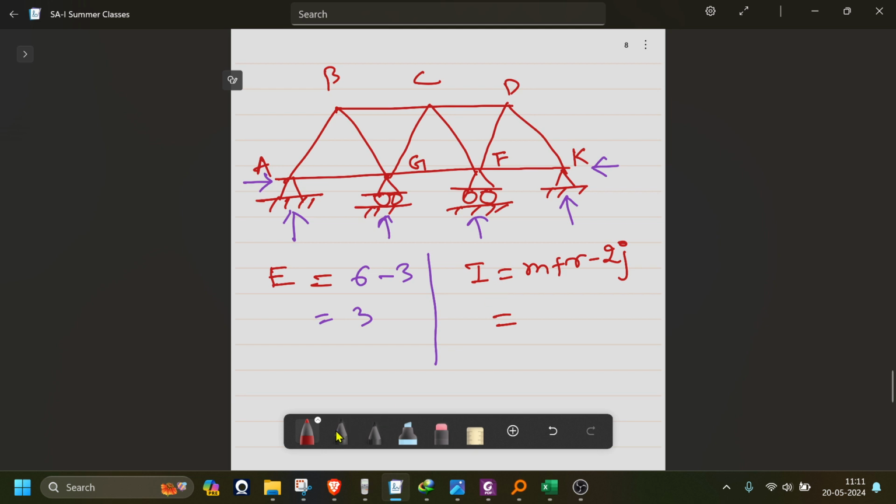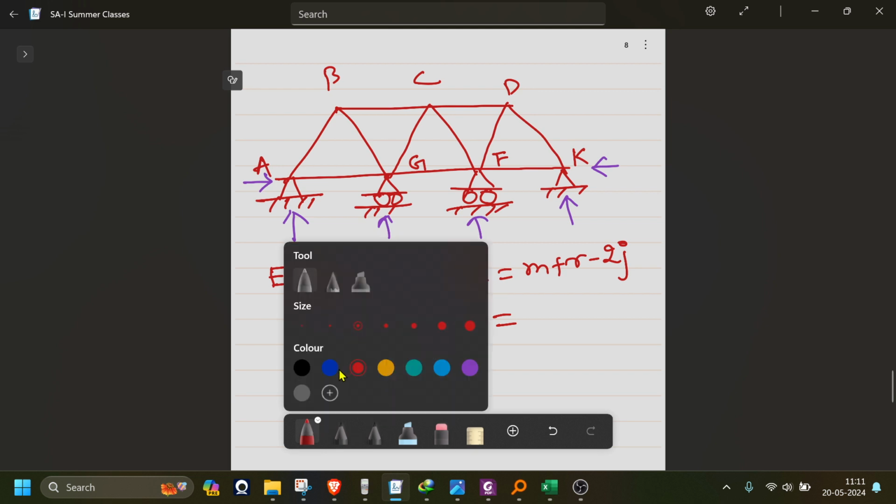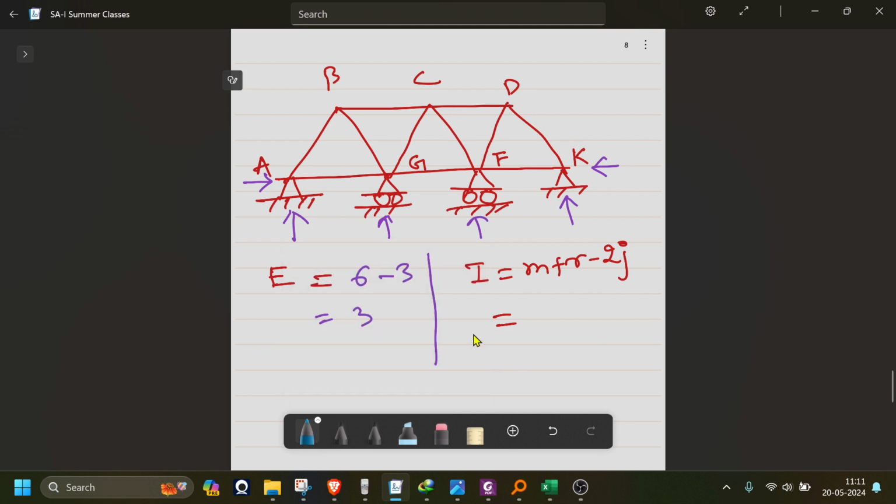So how many members are here? You can tell: 1, 2, 3, 4, 5, 6, 7, 8, 9, 10, 11. So the number of members is 11.